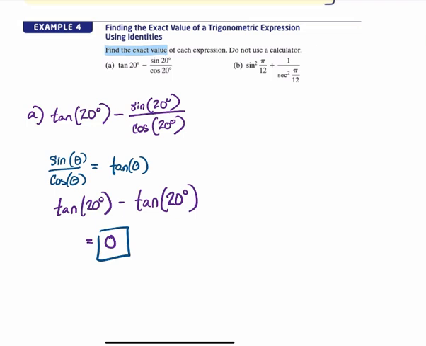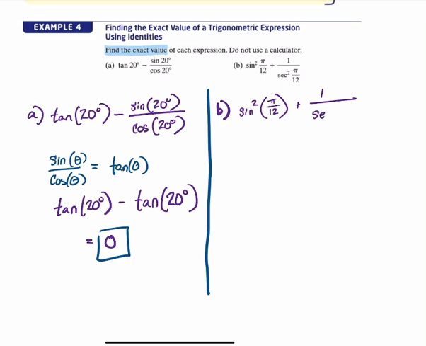So let's look at example B. Here we have the sine squared of pi over 12, so not a well-known unit circle angle, plus 1 over the secant squared of pi over 12. Well, if you don't know what to do, the best thing is to try to get everything in terms of sine and cosine. Notice we have 1 over the secant.